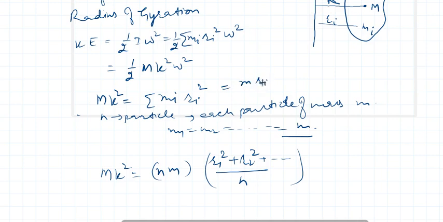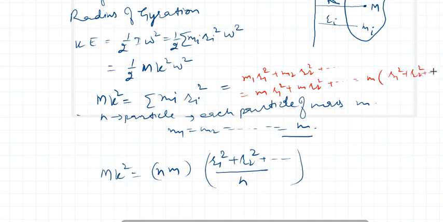Let me do a little algebra here. It can be m1 r1 square, m2 r2 square, and so on, which is m r1 square, m r2 square, and so on. So it is m times r1 square, r2 square, and so on, right? So this capital M, the total mass, is n m, and M k square should be equal to this.